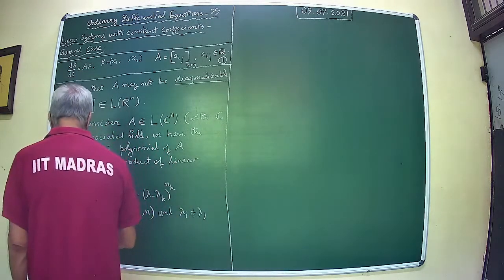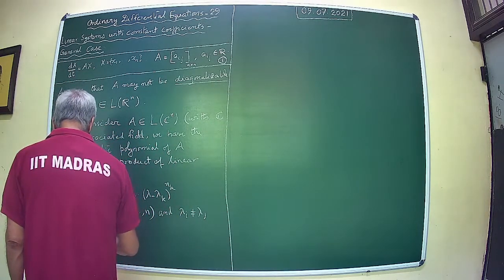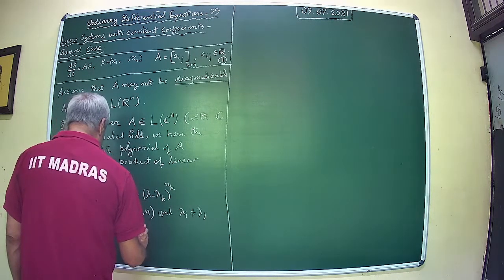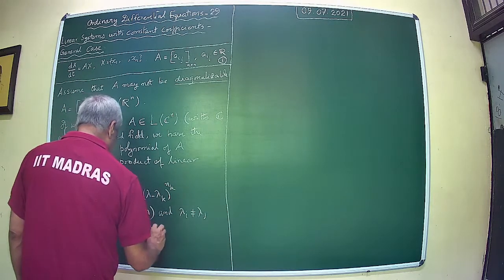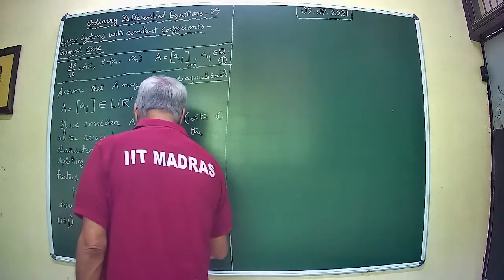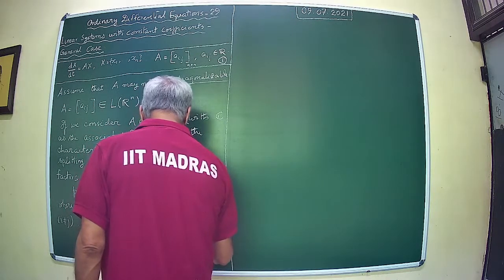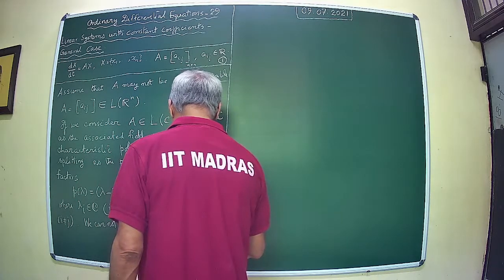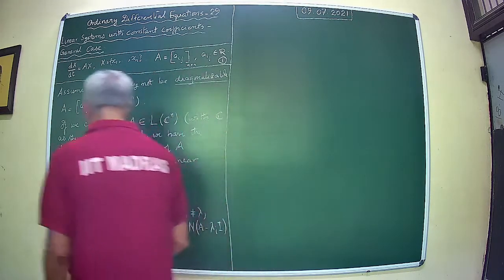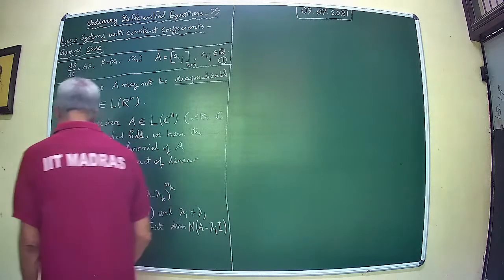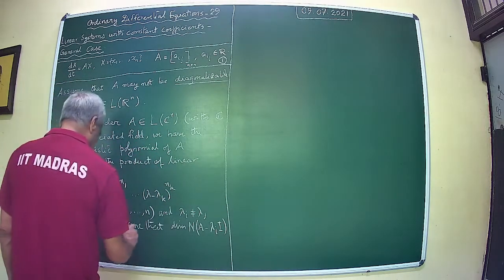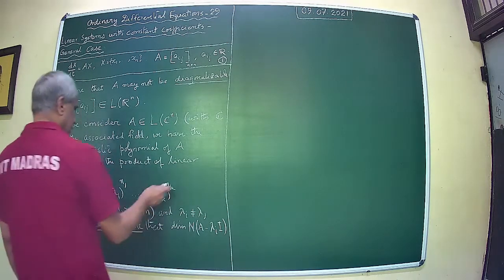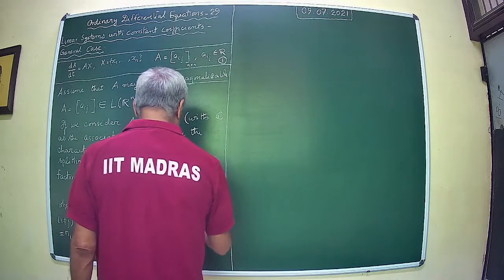The dimension of the null space of A minus lambda i I is ni, and of course here you have n1.